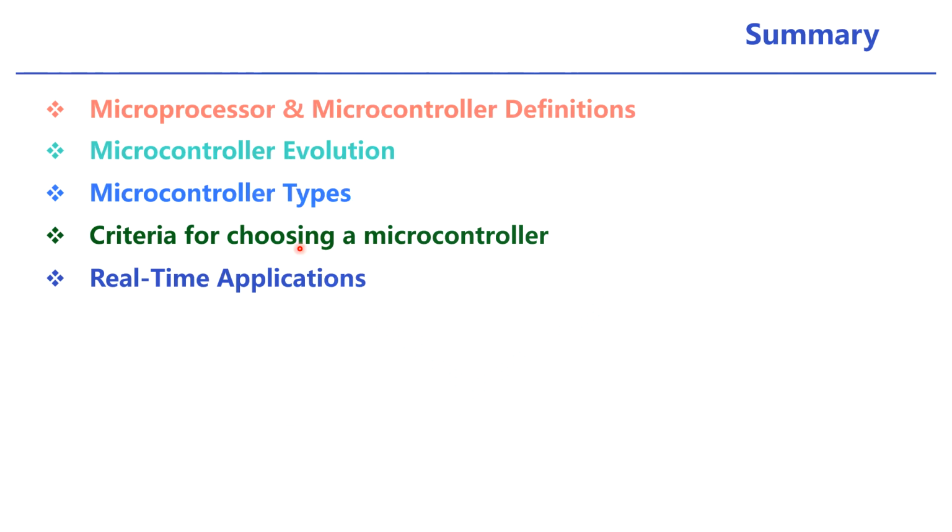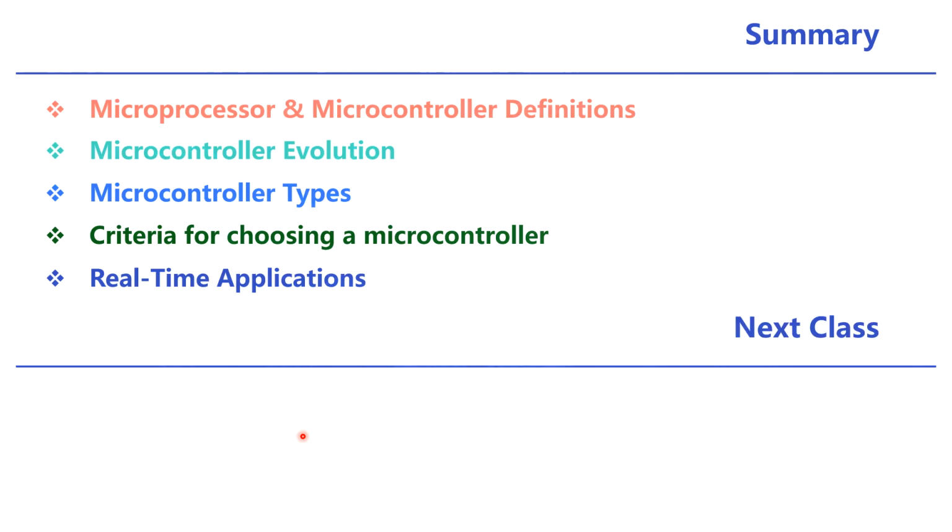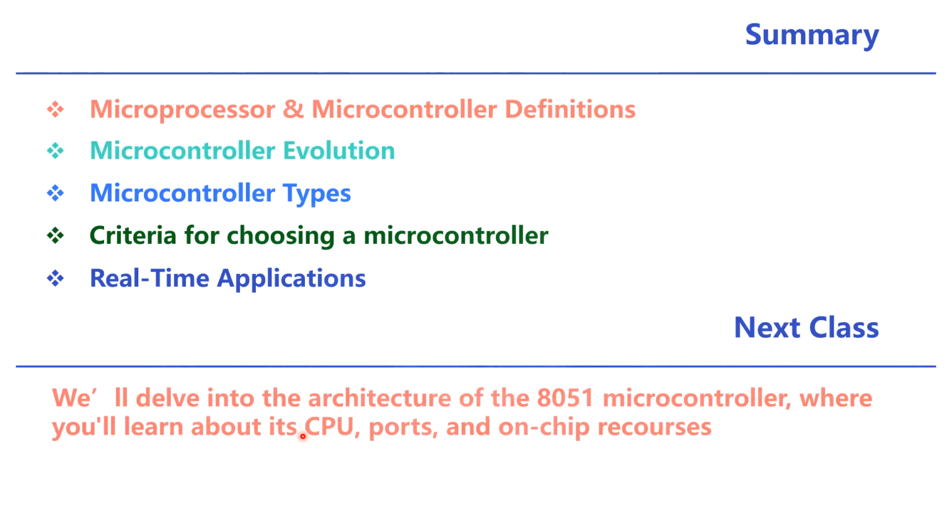Microcontroller types we have seen in the previous slides. Criteria for choosing a microcontroller we have discussed, and real-time applications also we have seen. In the next class we will delve into the architecture of the 8051 microcontroller, where you will learn about its CPU, ports and on-chip resources.